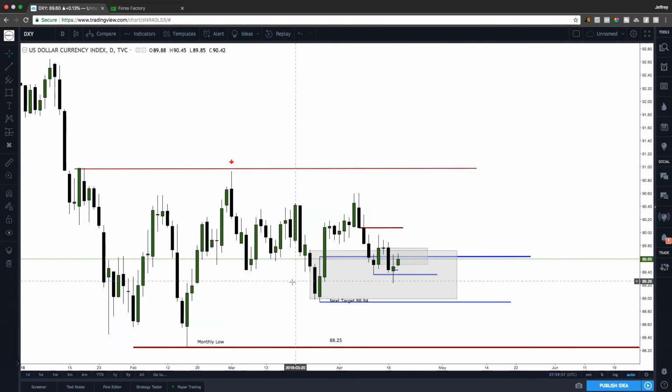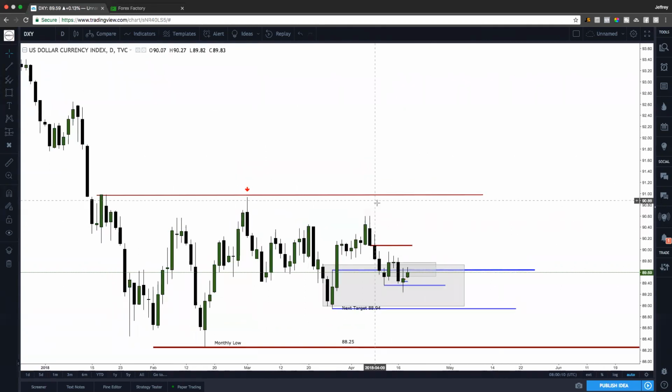So until we get a clear breakout, whether that be lower or higher, it's hard to catch a longer term trending move on any of the majors. So with that being said, in terms of any trades that I'm looking at right now, until the dollar index breaks this range, it's all short-term trades.